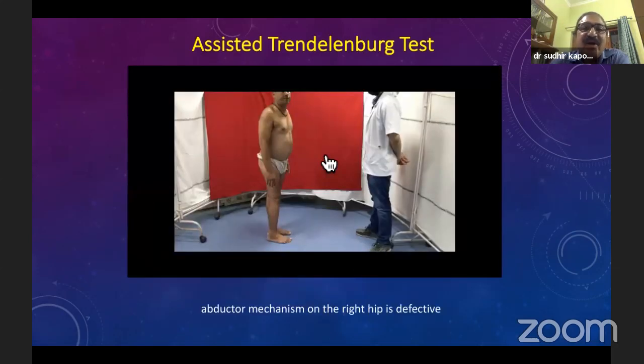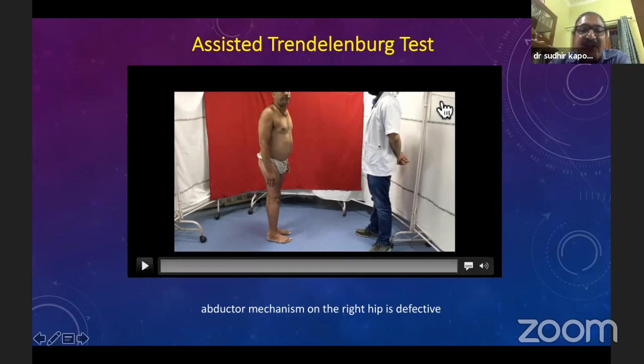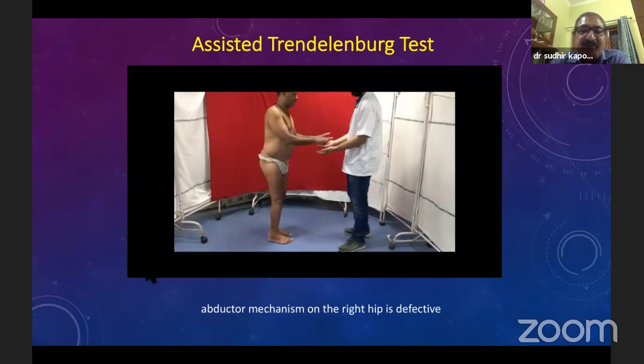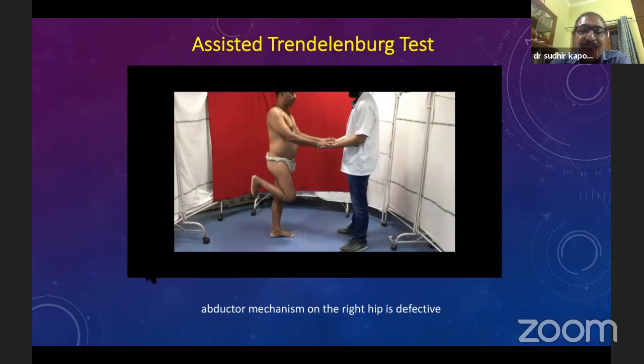Now, there is a test called the assisted Trendelenburg test. If a patient is unable to stand on a single leg, the examiner may provide assistance to stand. Now, this patient has a weak abductor mechanism on the right side. He is not able to stand on the right side. So we are conducting an assisted Trendelenburg test in this patient. First he is asked to stand on the normal side, which he is able to do nicely, no problem.